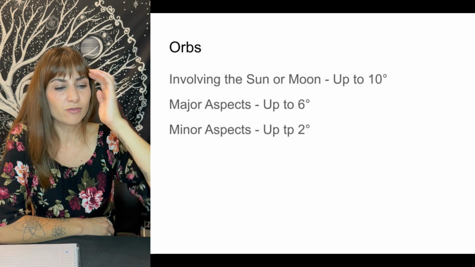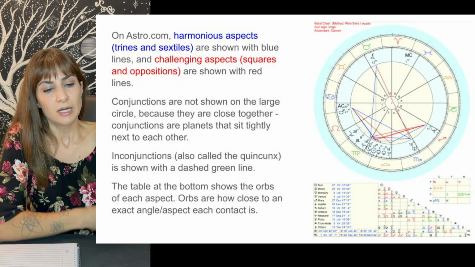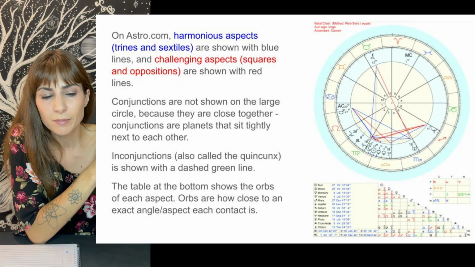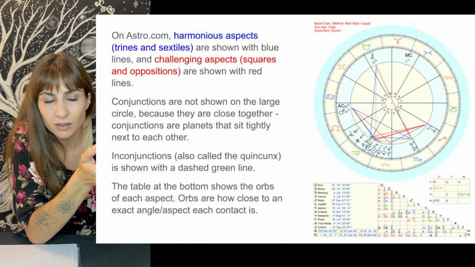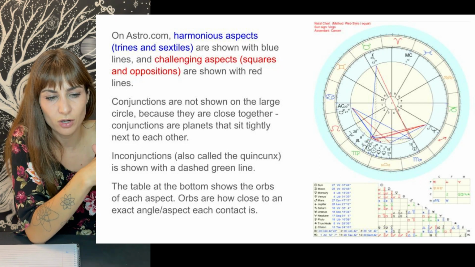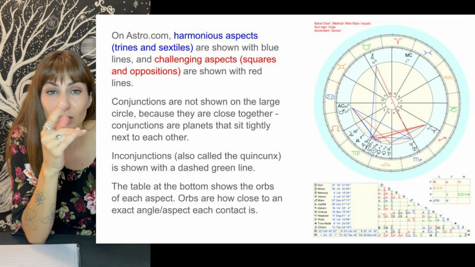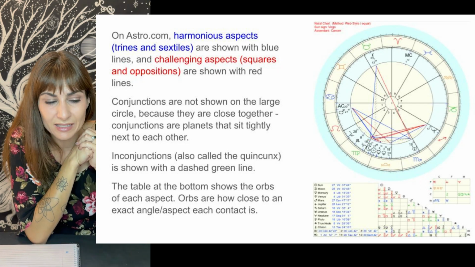When you are looking for aspects, you see the chart. Conjunctions, you're not even going to see with a line because they're sitting right next to each other. You can pick up on that, and you can even do the math pretty easily in your head.